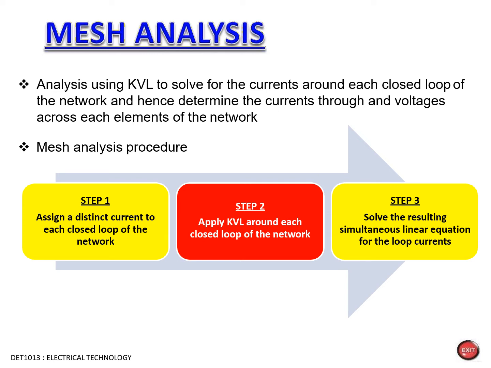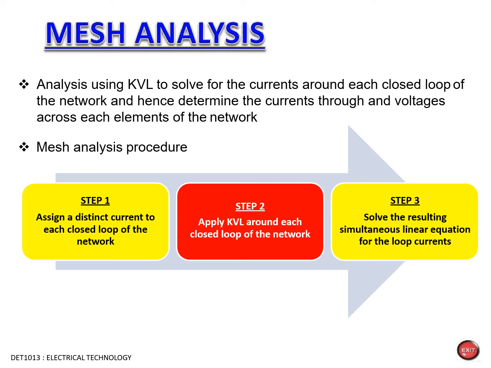First, assign a distinct current to each closed loop of the network. When you are given a network, you have to identify each closed loop, and to each loop assign a distinct current. Then apply KVL, and then solve the simultaneous linear equations.